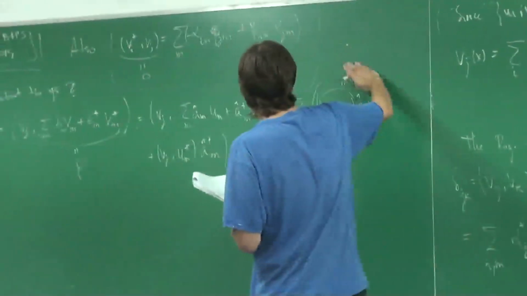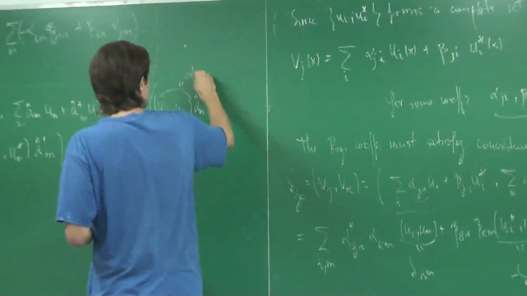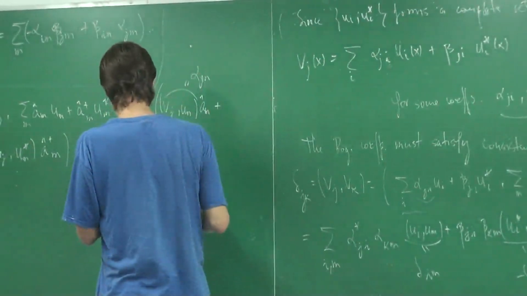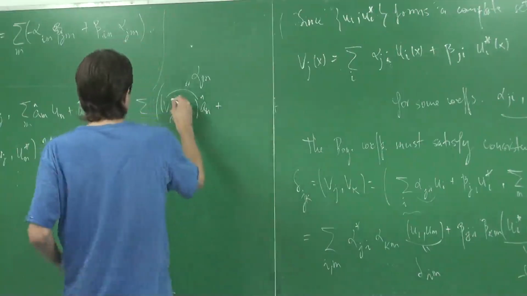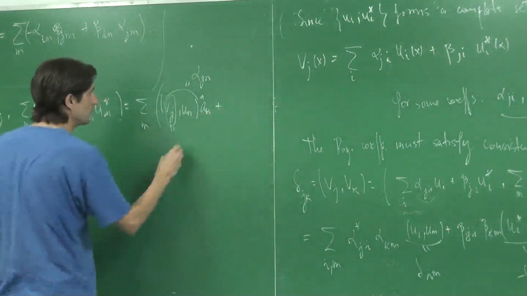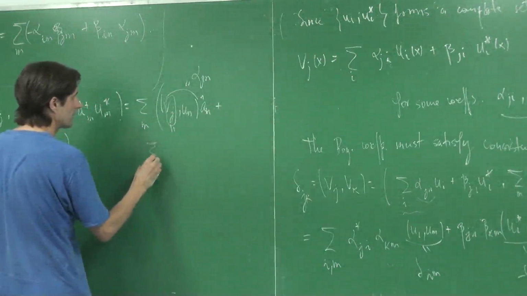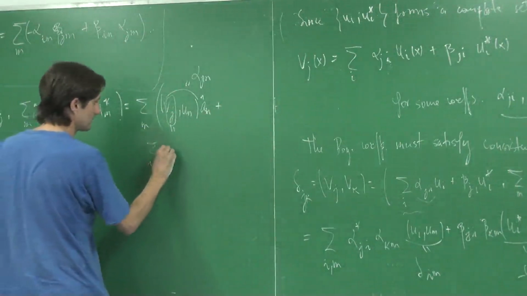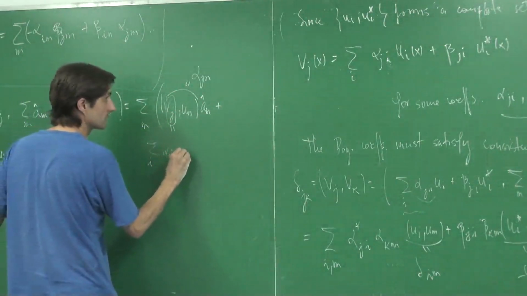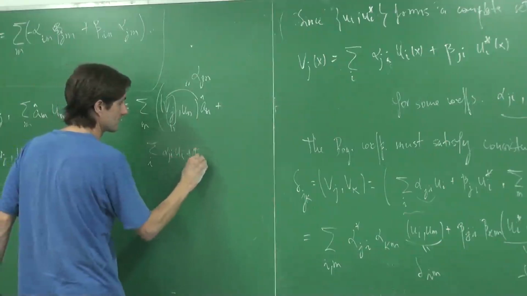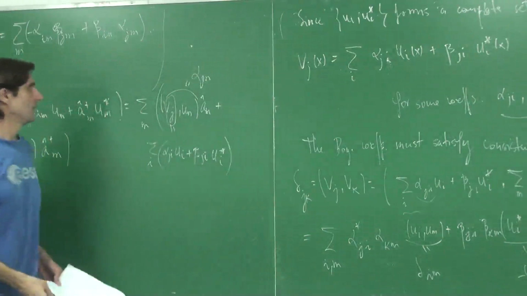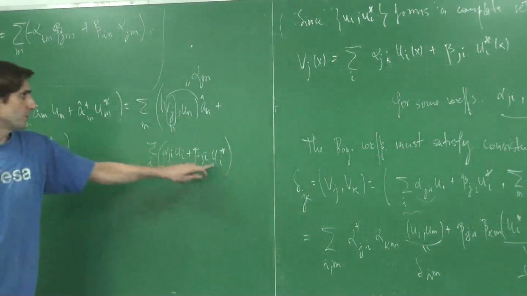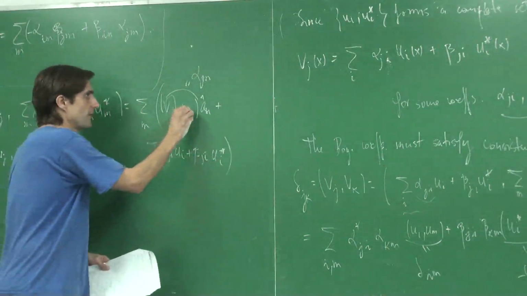So this is alpha. I'm writing Vj now in that way, sum over I. The um and the u star does not survive, that gives you 0.